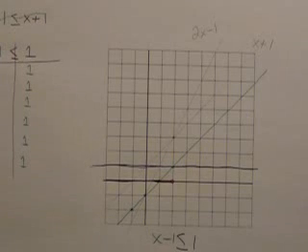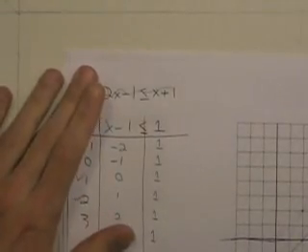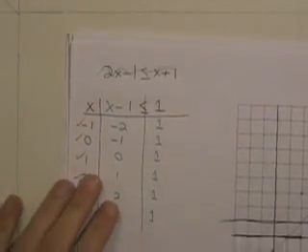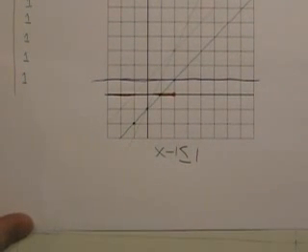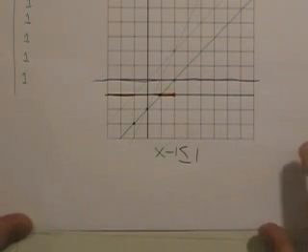So if you know how to read a graph, you can do these things pretty easily, no matter how complicated the original expressions are. The one last thing that I want to point out, before I move on to a different example, is that a good habit to get into when solving these inequalities is to get a 0 on one side.